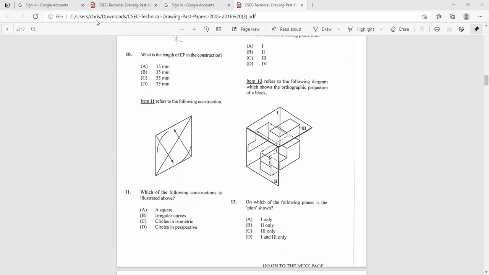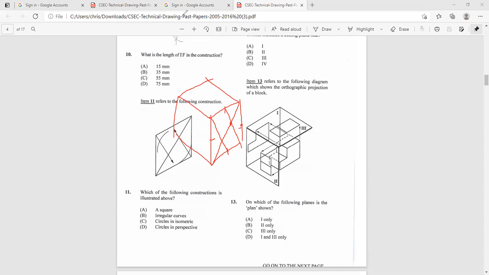With the isometric circle, we draw the line like that, and we mark or draw a line through the longest diagonal. Find the center for this. Then we join from here to there, here to there. Where they meet, you could draw a line through the center if you want, or you could just mark the center point there.